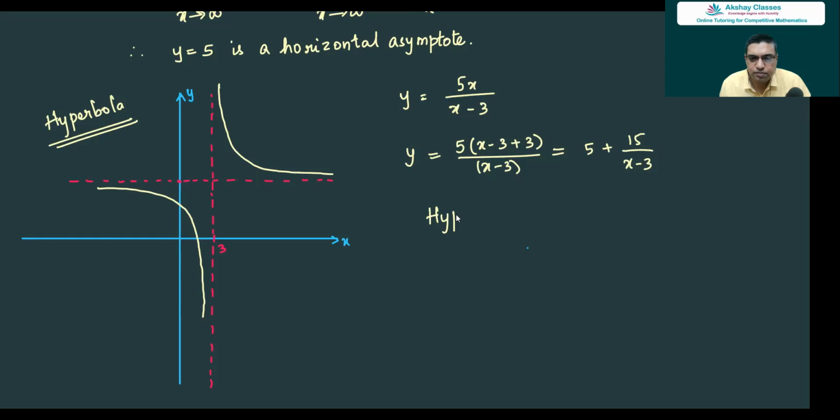Hyperbola has a form: L1 into L2 is equal to constant. Product of two lines is equal to constant will give us a hyperbola, where L1 equal to 0 and L2 equal to 0 will be its asymptotes.